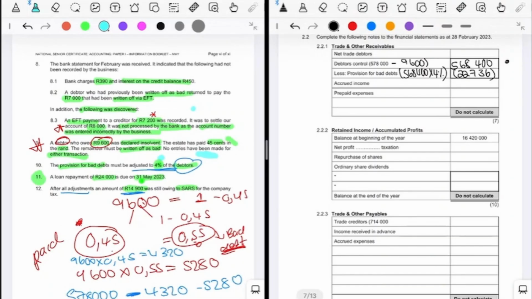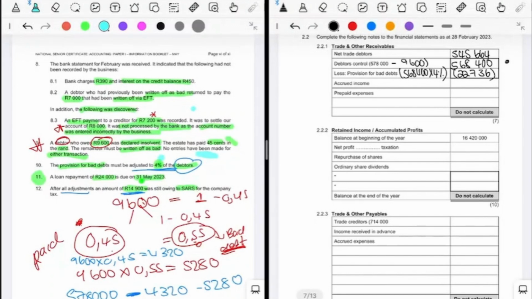And now we can calculate what our net traders are by taking the 568,400 minus our provision for bad debts, which gives us 545,664. Okay.